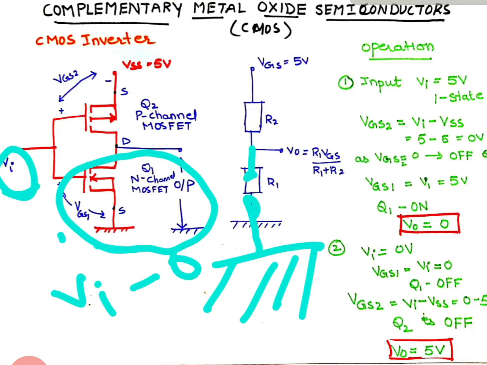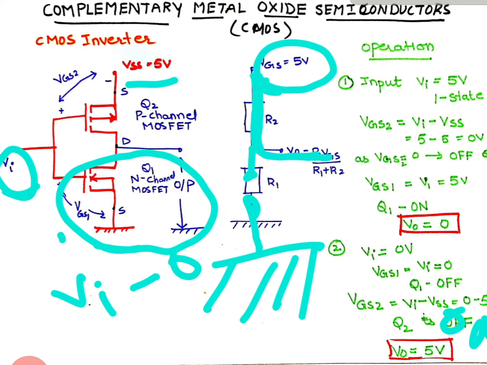Now if you see VGS2, it is nothing but 0 minus 5 volts, so this transistor Q2 will be on. The on position of a transistor offers very low resistance. So now the output is almost equivalent to 5 volts, ideally it is 5 volts.